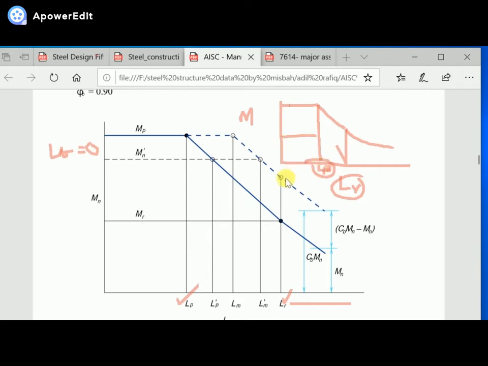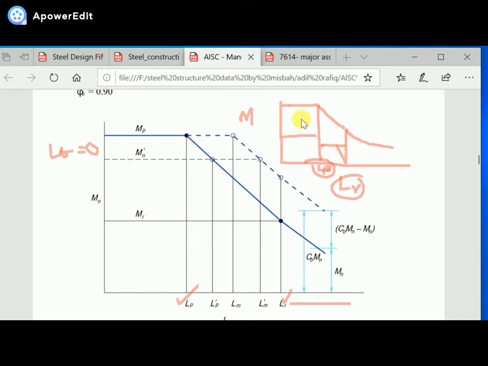If LB is more than LP but less than LR, the strength of the beam will be in this zone. This first zone is the plastic behavior, and this one is the elastic behavior, with a yielding zone in between.